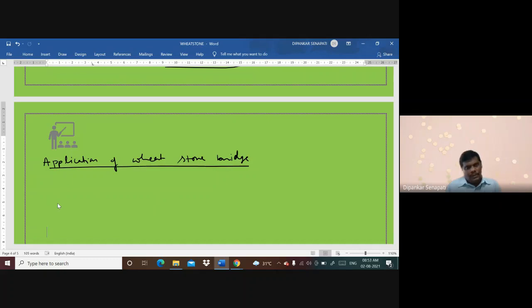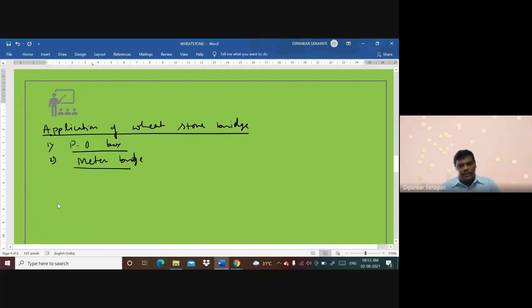One of the basic applications we use in the laboratory is, number one, the PO box, and number two, the meter bridge. We use these two methods to measure unknown resistance in the laboratory in class 12. But nowadays we have only the meter bridge in our syllabus. The meter bridge we have to discuss.